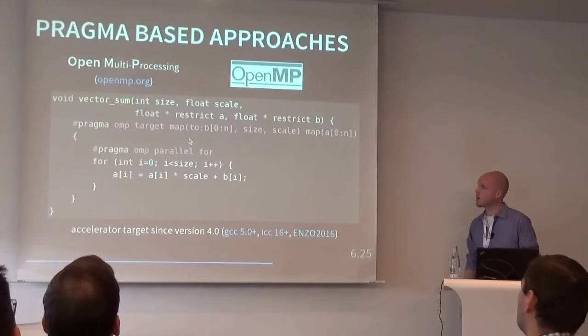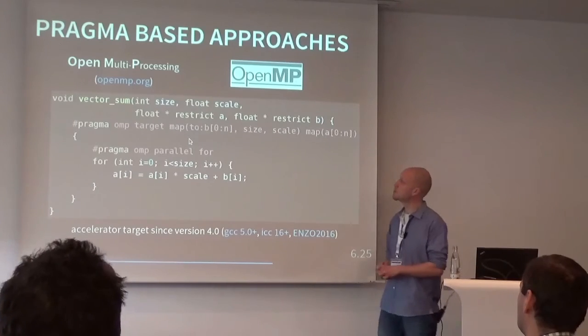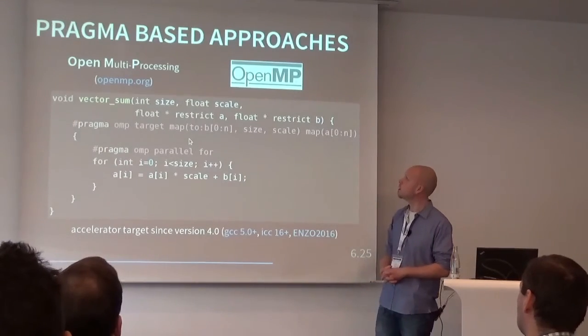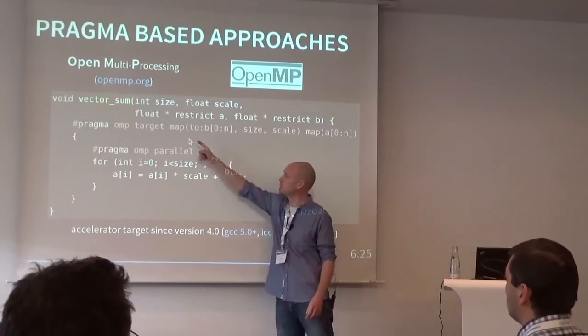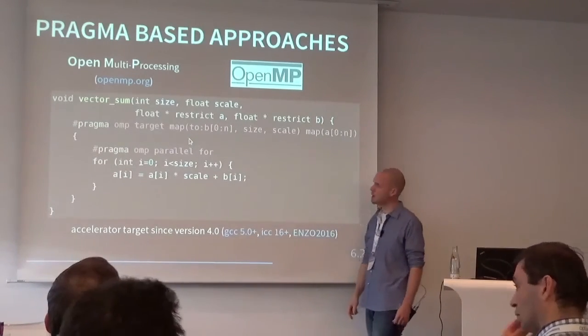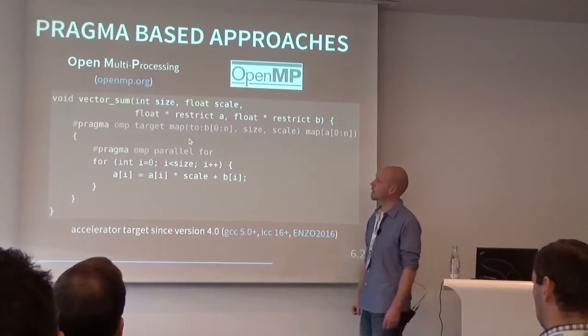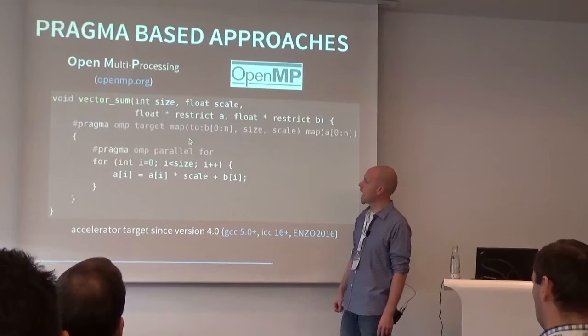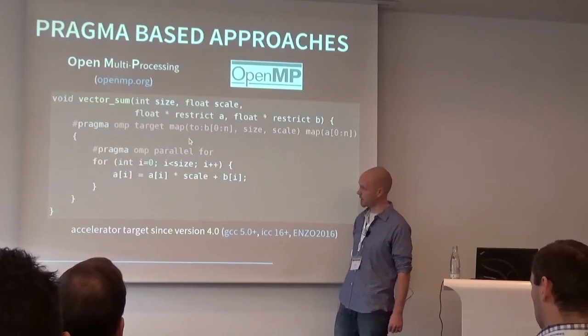The last part of what you can use today is the pragma-based approaches. First of all, OpenMP version 4 started to support the target keyword, meaning that they now also support calculating on accelerated devices. This is how it looks. You first again have your vector sum API.